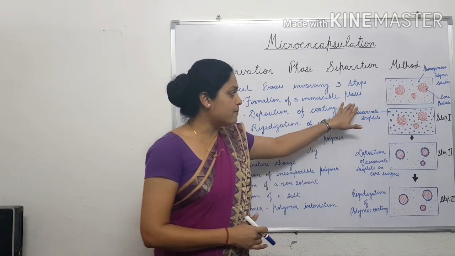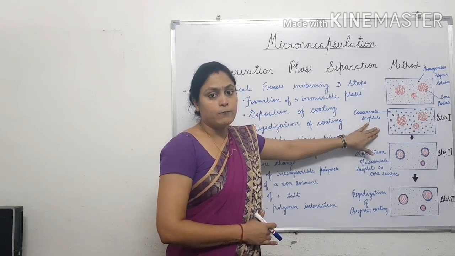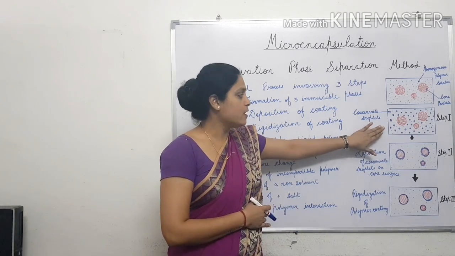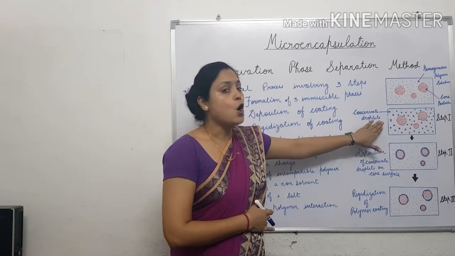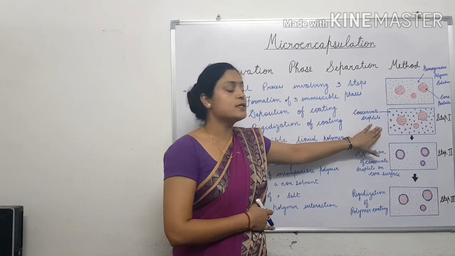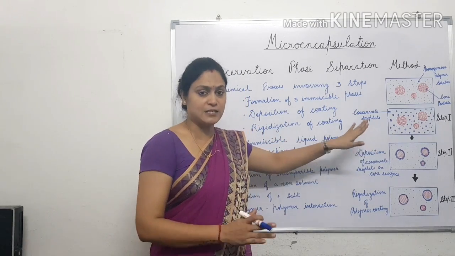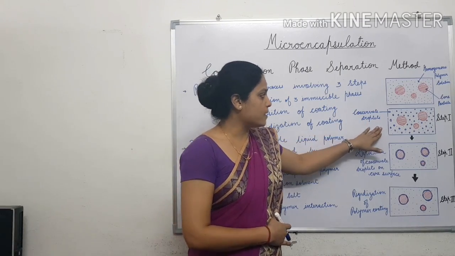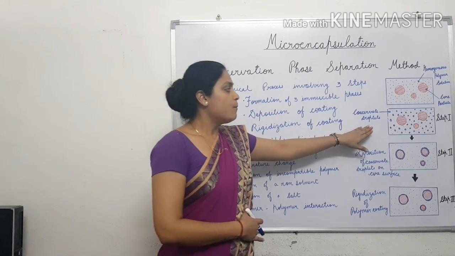Now in step 1, which is the formation of the immiscible phase, because of the various principles, which may be a change in temperature, or the addition of incompatible polymer, or the addition of non-solvent, or the addition of salt, or polymer-polymer interaction, whatever the principle, what happens when any of these principles is applied?